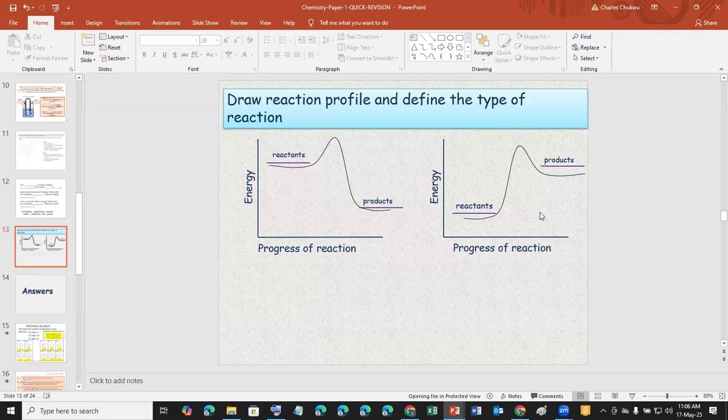But in the case of endothermic, the reactants have lower heat than that of the products. That is why they absorbed it from the surroundings. So all that heat absorbed from the surroundings ended up with the products, because that's where the reaction will end. The products now have higher heat than the reactants.